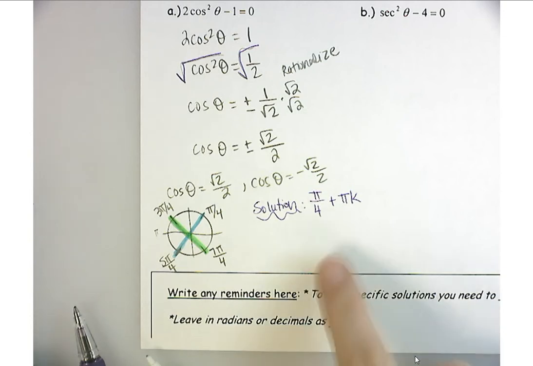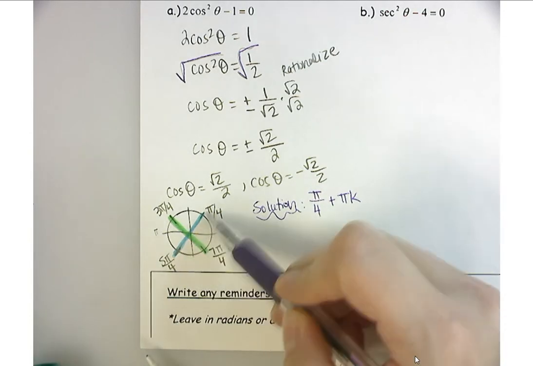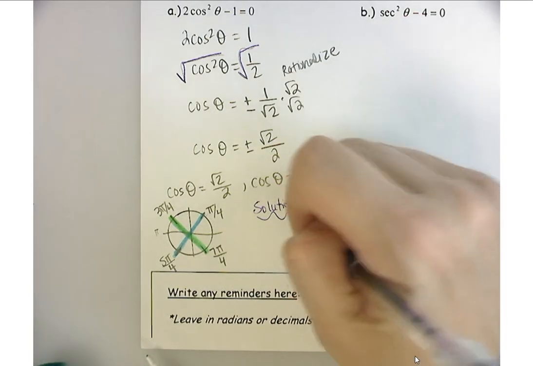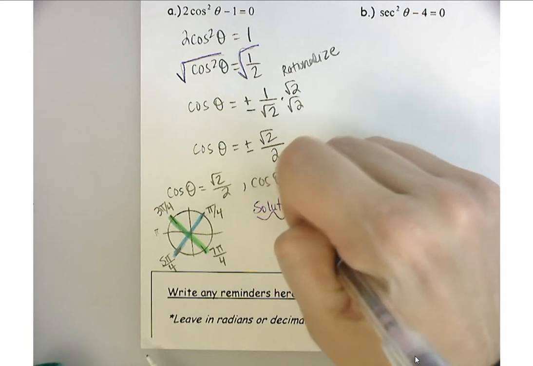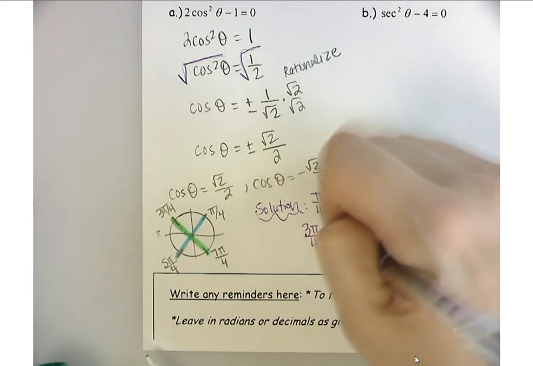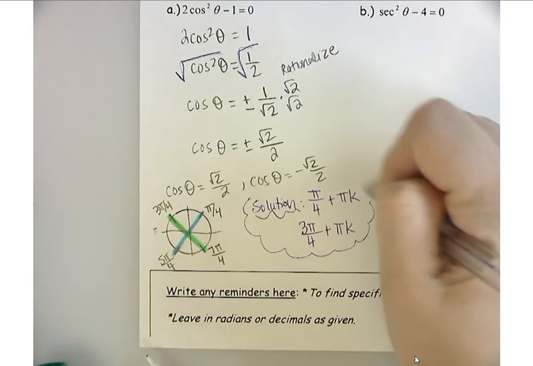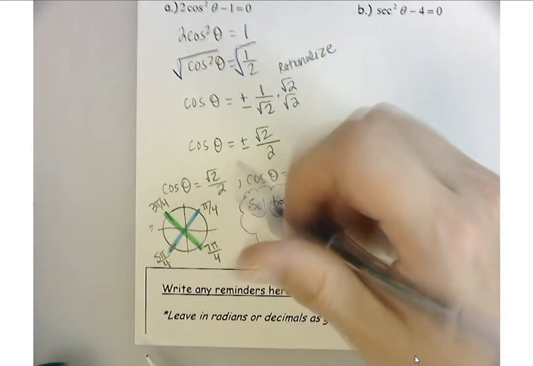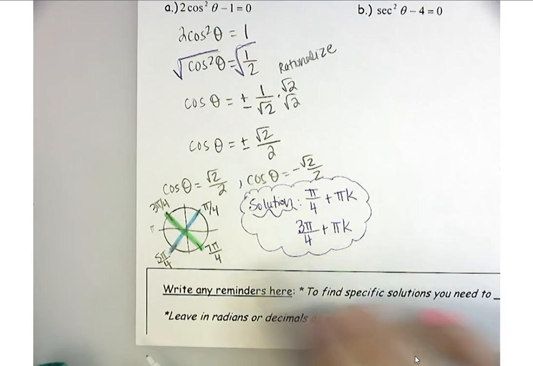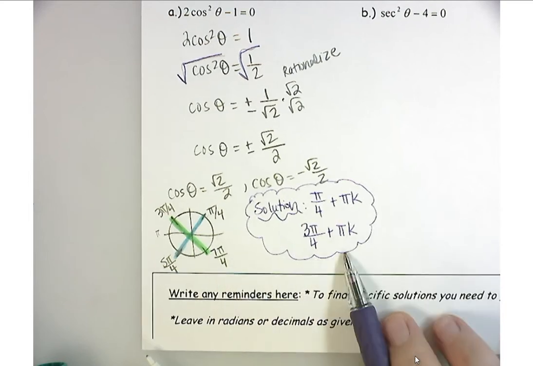Okay, so the first one is representing the blue line. This one is representing the green line. And I always just choose the first two on the unit circle. But instead of 3 pi over 4 plus pi k, you could also do 7 pi over 4 plus pi k.